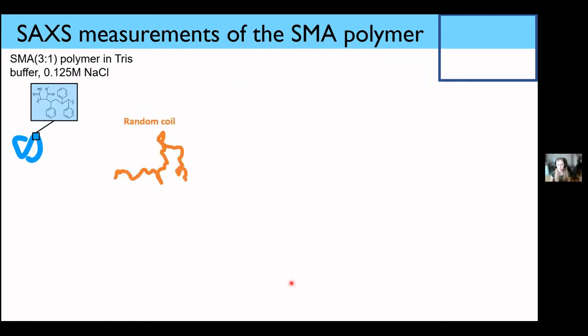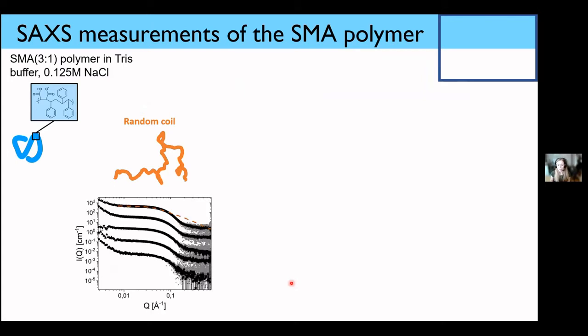So if we first look at just the SAXS measurements of the SMA polymer by itself, then maybe a first assumption that you might make about a polymer is that it could be a random coil in the solution. If you compare this with the scattering, you see that it's quite a different pattern. So likely this is not a random coil.